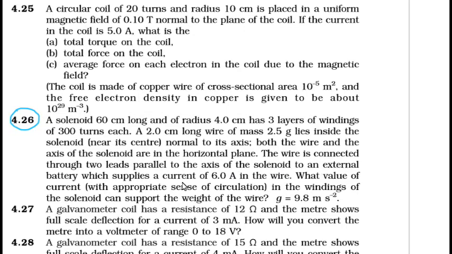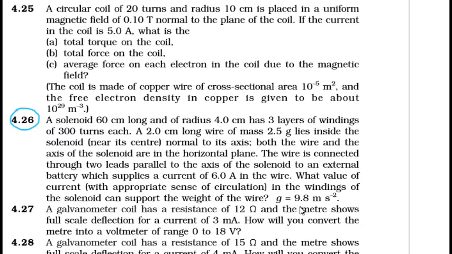What value of current, with appropriate sense of circulation in the windings of the solenoid, can support the weight of the wire? Take g equal to 9.8 meter per second square.